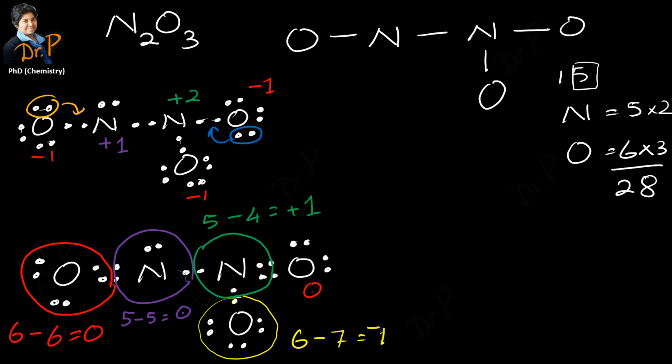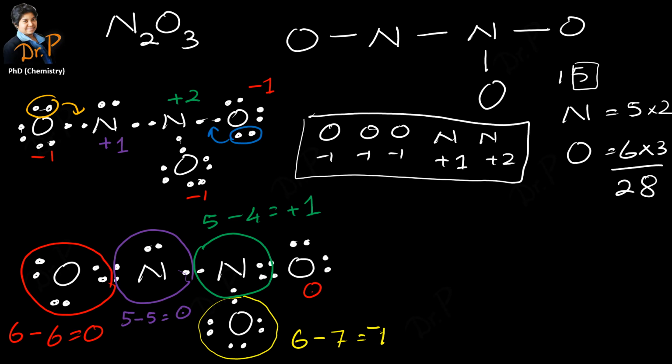You can see that in the first structure, the set of formal charges were -1, -1, -1, nitrogen +1, and +2. But in the second occasion, you have 0, 0, -1, 0, and a +1.